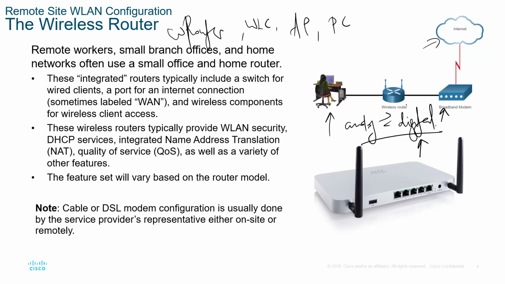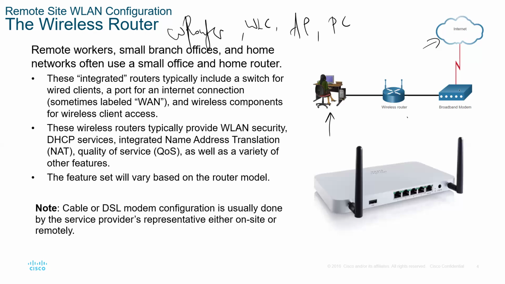Now, in a typical setup, you can have this modem, and it converts analog to digital. That's one port. Then you can also have ports which can provide wired access to the internet, but that is if you have a modem that has that capability.